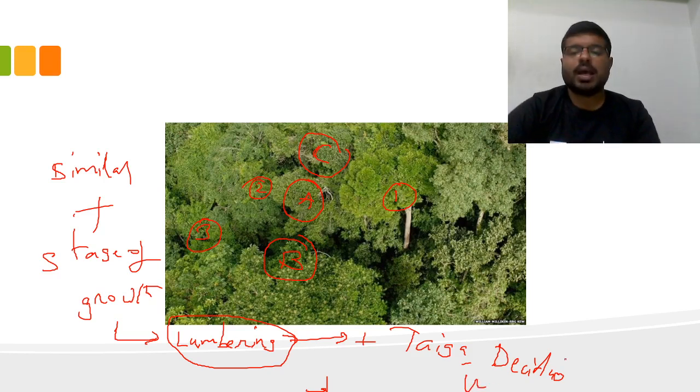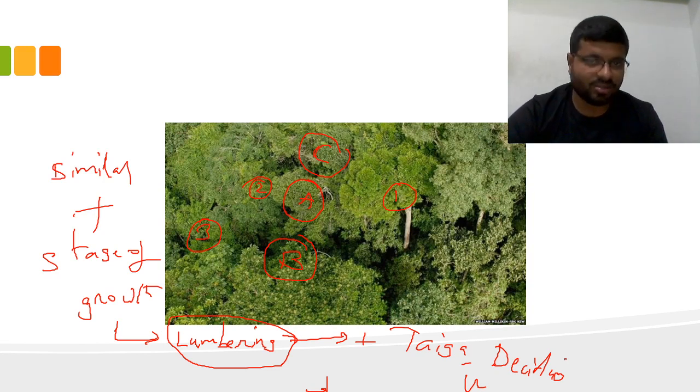These are not as exploited as you find in tropical evergreen. Taiga is more exploited, deciduous is more exploited than tropical forest. Please don't remember that tropical evergreen forests are not deforested. No, these are deforested. Wherever forests are there, humans will deforest it. There is no doubt about that.